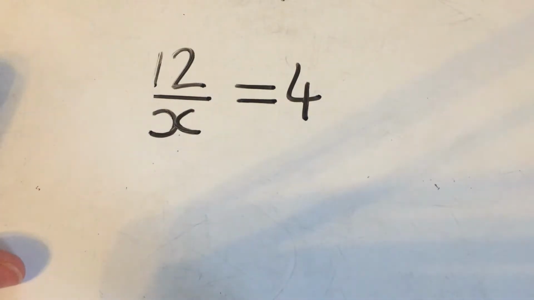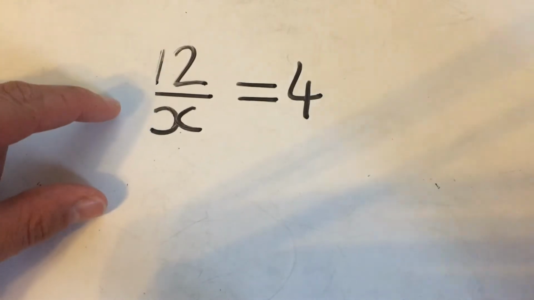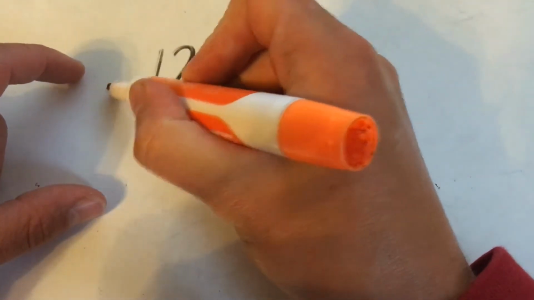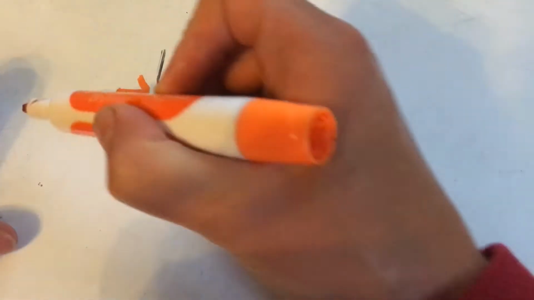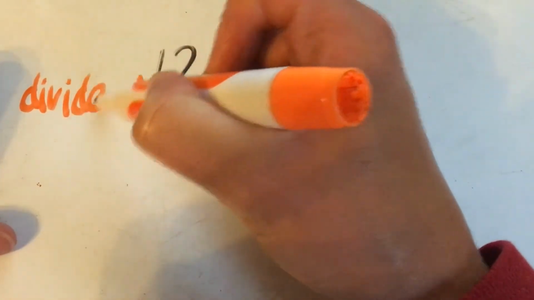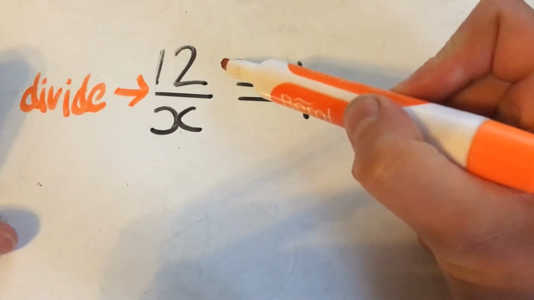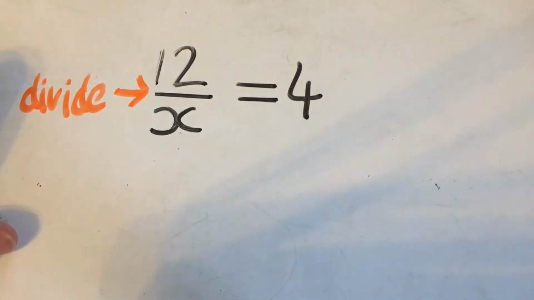To solve an equation that involves a fraction like we have here, we must first know that this line that separates the numerator from the denominator means divide. That is to say that 12 divided by x equals 4.